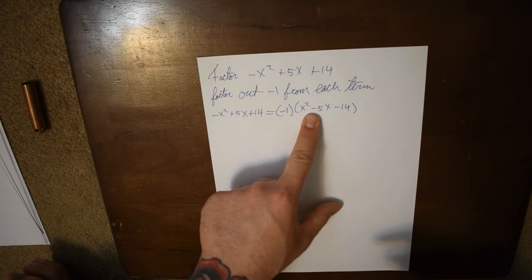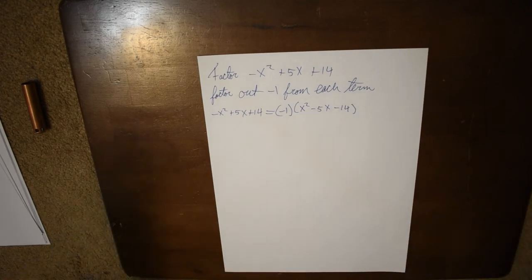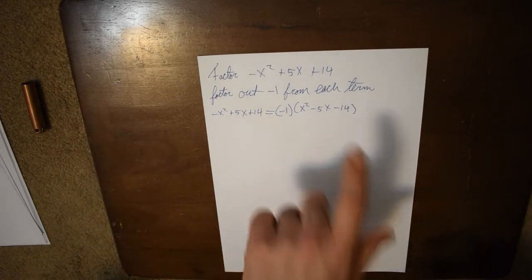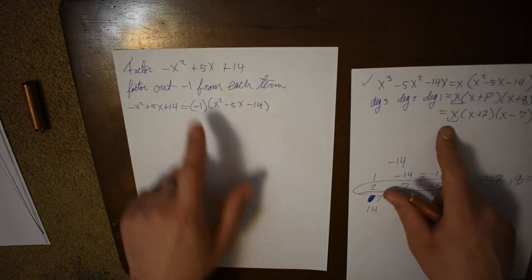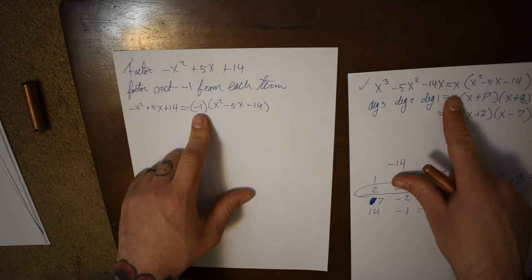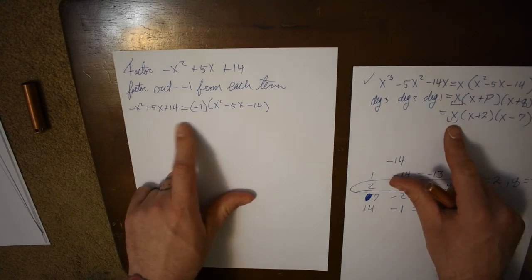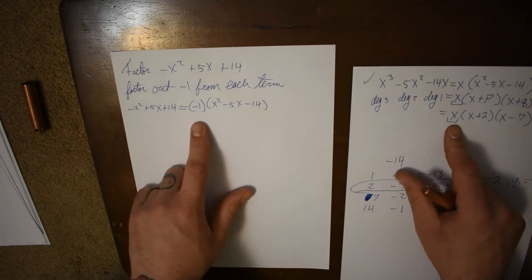And now, this trinomial is in the form that we've been working with all along. In fact, this problem is going to now be very similar to the previous problem, in that this thing out front, you just have to not forget to write it at every step.